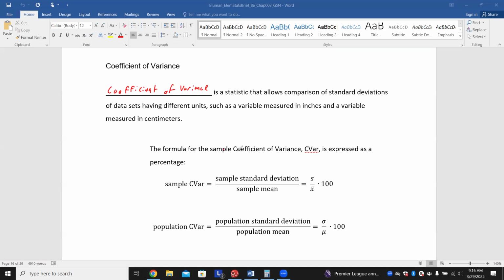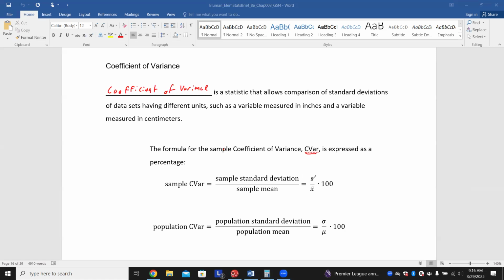The formula for the sample coefficient of variance, also known as CVAR, is expressed as a percentage. For a sample CVAR, you would just take the sample standard deviation divided by the sample mean times 100. Again, this gives us a comparison looking at percentages.